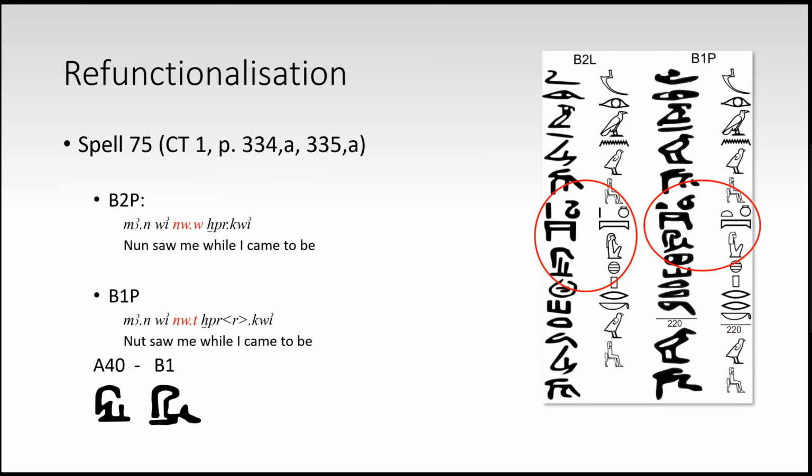So therefore, this means that although this might have started as an error where a stroke was misread as a T, the scribe was clearly capable enough to notice that, wait, this is a female goddess, so the classifier should be female rather than the seated man. So this phrase has been refunctionalized as dealing with a female god rather than a male god.